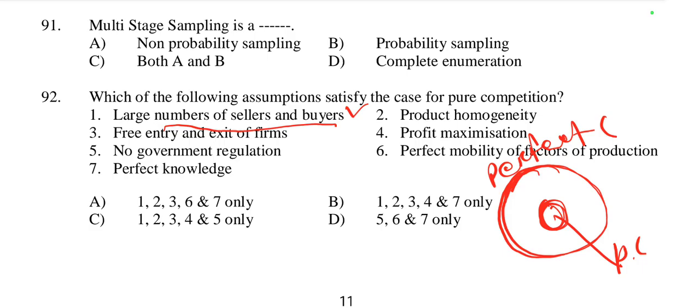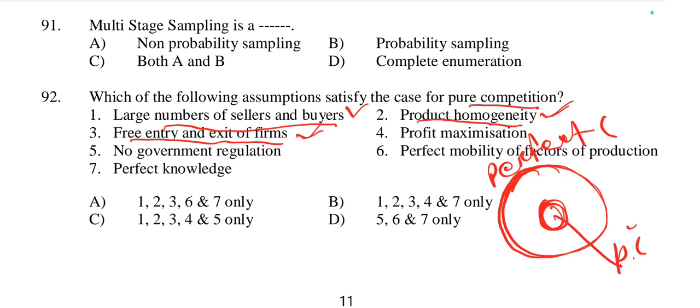This is a main characteristic of perfect competition, and also of pure competition. Second, product homogeneity, meaning all the firms produce a similar product. Third is free entry and exit of firms. These three are the main characteristics which satisfy pure competition.